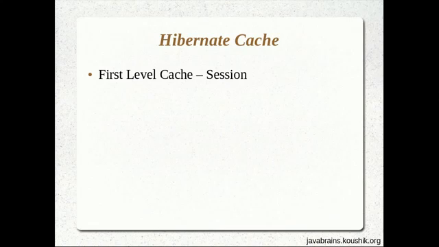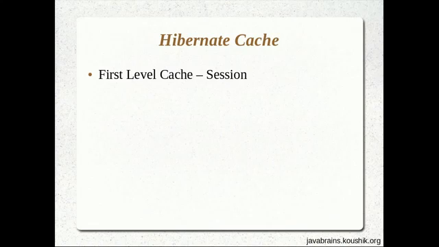But then there is a second level of cache that we can implement as well. So why do we need the second level of cache? It's needed because a session is not something that you would hold for a long period of time. As we've seen earlier, a session factory is something that's there for the entire life of the application, but a session is something that you want to open when you need to talk to the database and then close it as soon as you're done talking to the database.